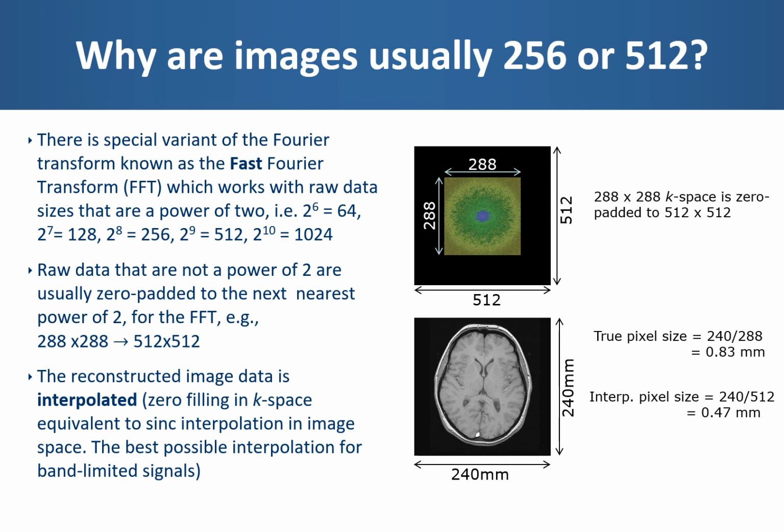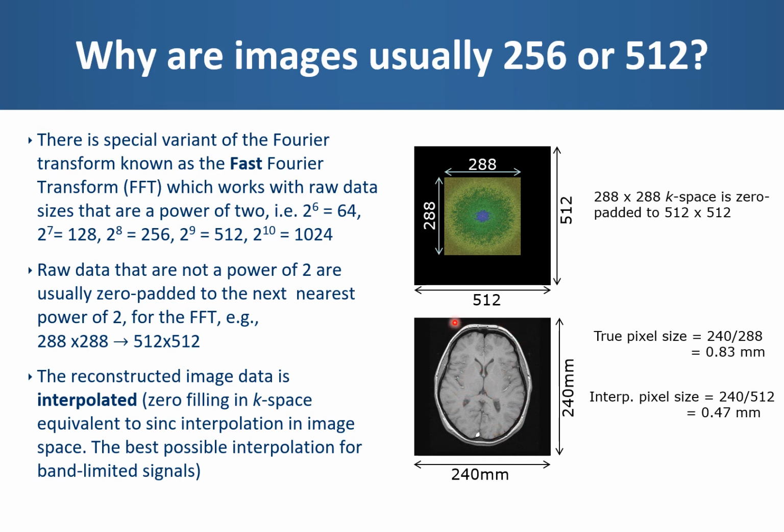In a typical MRI system, if we acquire a non-power of 2 matrix such as 288 by 288, then the raw data will be 0 padded to the next biggest power of 2, 512 by 512. Following reconstruction, we will then get a 512 by 512 image, but we are in fact sync interpolating the data.